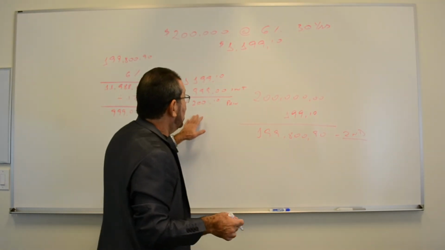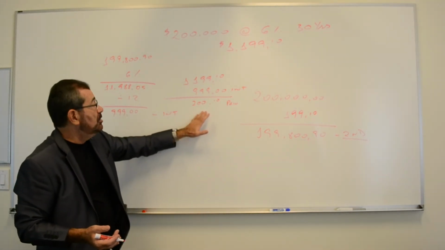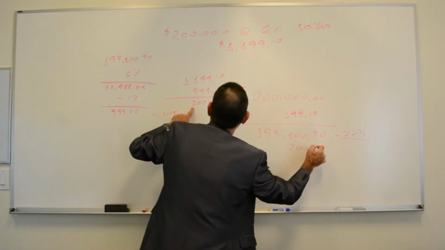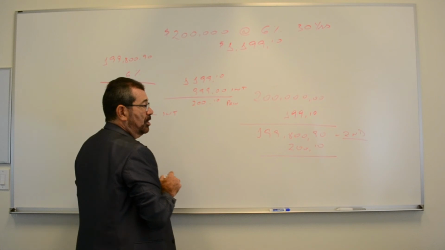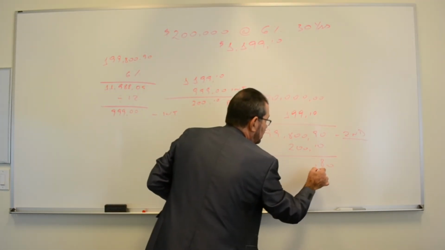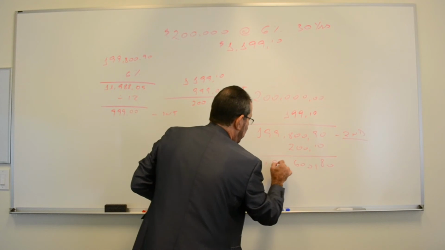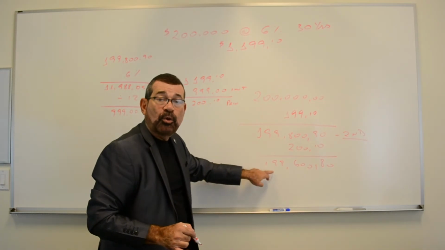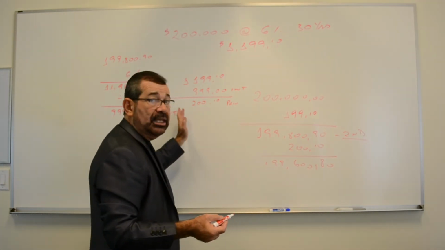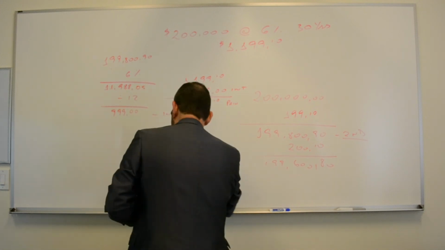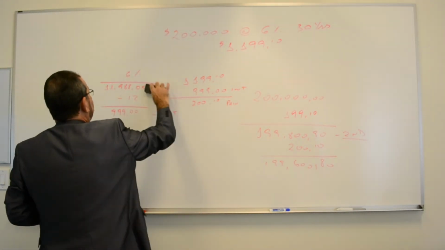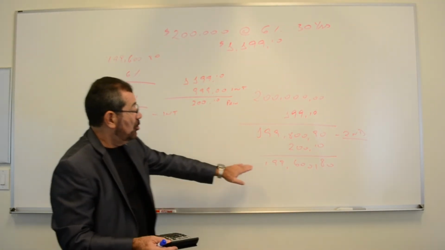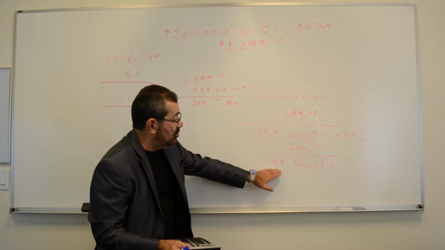Now, as I said before, this is a repetition. I will get this $200 and I will subtract it from my principal. Now I got 199,600. So on my third month, this is my initial balance. And what am I going to do with this initial balance? Same thing, because this is a repetition. So now we're going to bring this number here. Our new balance is 199,600.